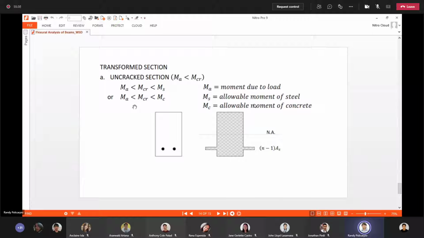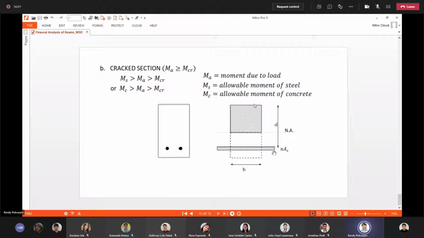So another relationship that we may compare, if your section is uncracked, the cracking moment is greater than MA, and MC, which is the allowable moment of concrete, will be greater than MCR. So ito yung about the uncracked section.